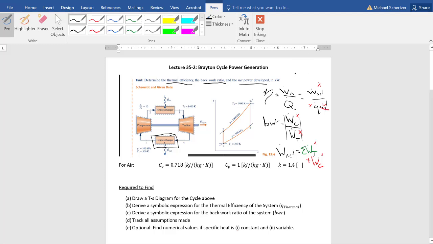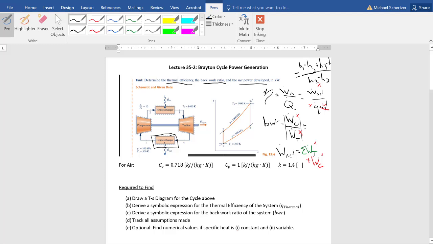So here, this first term, my thermal efficiency, is going to be my net work, which would be H1 minus H2 plus H3 minus H4. And then my heat in is going to be over here, and this is going to be H3 minus H2.